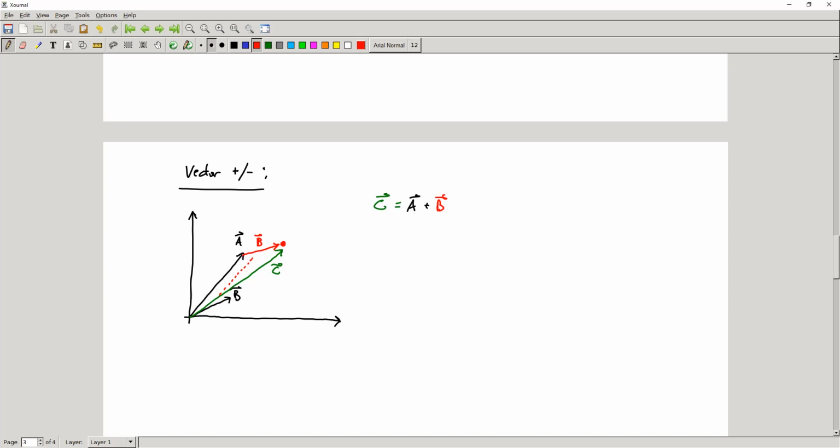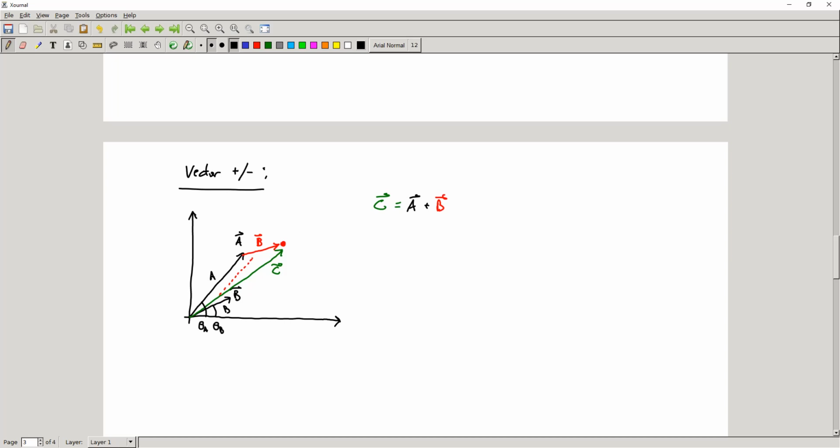And so, could we do this algebraically? Well, we could for sure. Let's say we were given some values here. Let's say we had this angle in here and this angle in here, theta A and theta B, and we had some magnitude A and some magnitude B, right?